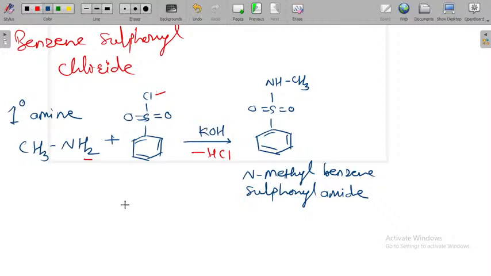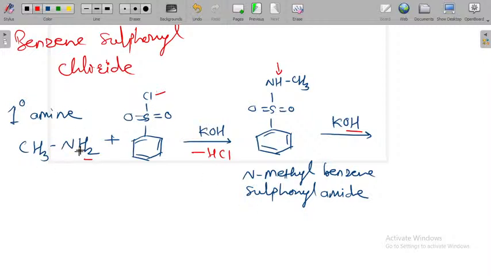now again if I react this with KOH, now the second time I am using KOH, means again a basic condition. Now what happens here? This OH group abstracts this proton.